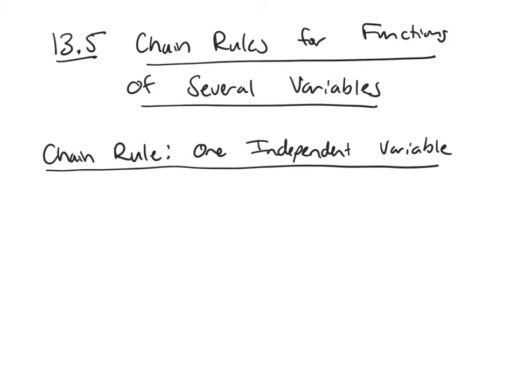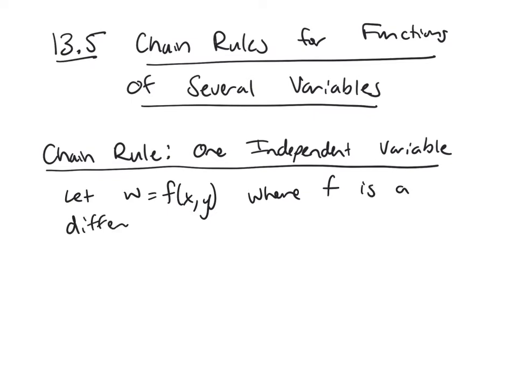So we're going to suppose that we have a function of two variables. Let w be equal to f of x, y, where f is a differentiable function of x and y.